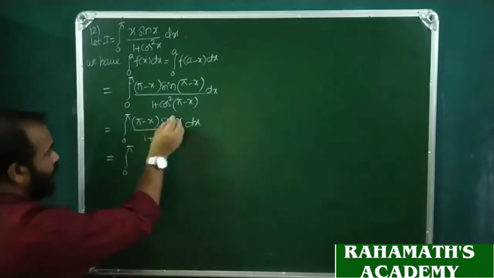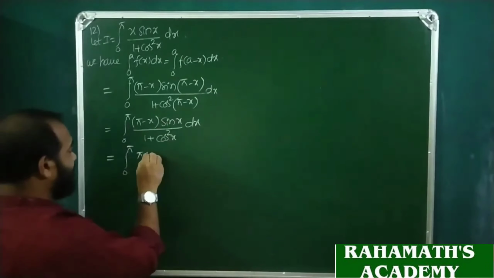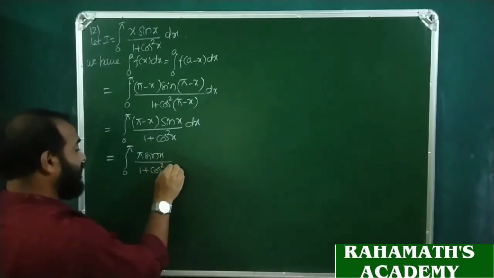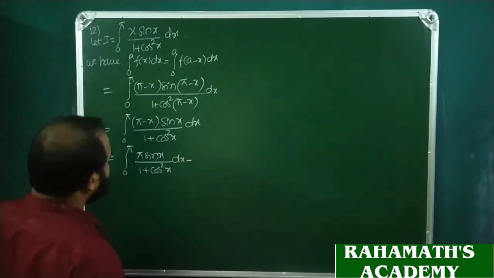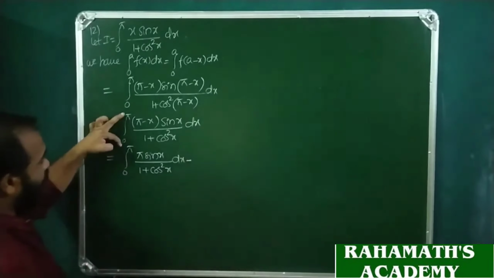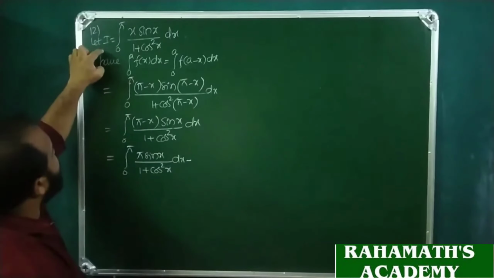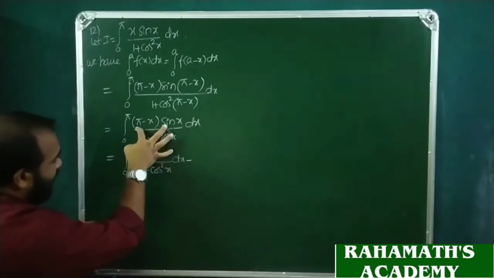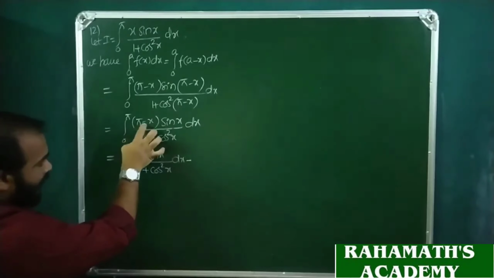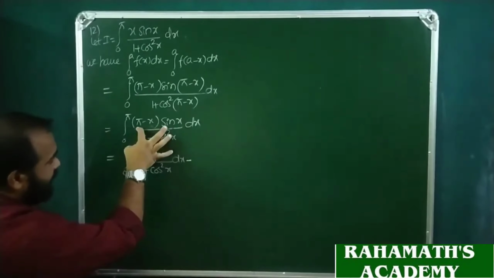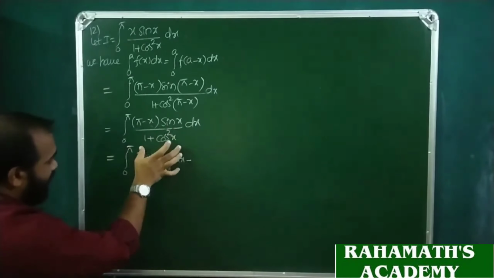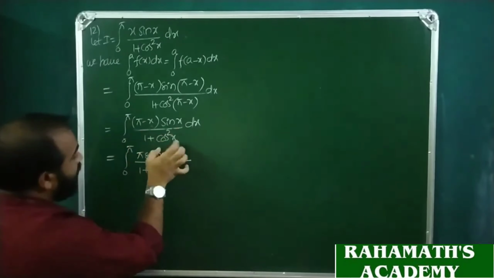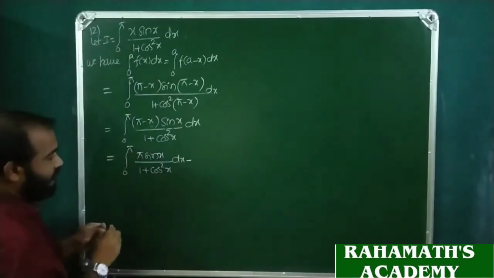So 0 to pi, this is pi sin x by 1 plus cos square x dx minus 0 to pi x sin x by 1 plus cos square x dx. This is a minus b into c, AC minus BC. So pi sin x by 1 plus cos square x is this, minus integral 0 to pi x sin x by 1 plus cos square x dx. This is I.